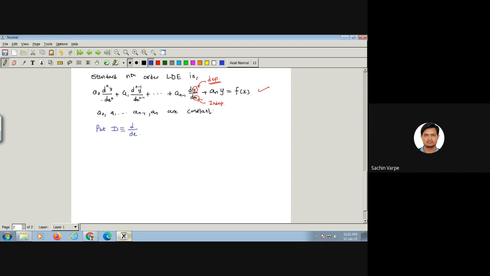So when we substitute this operator, d by dx, into the standard equation, what we get is a0 Dⁿy + a1 Dⁿ⁻¹y + a2 Dⁿ⁻²y and so on, + a(n-1) Dy + an y = function of x.